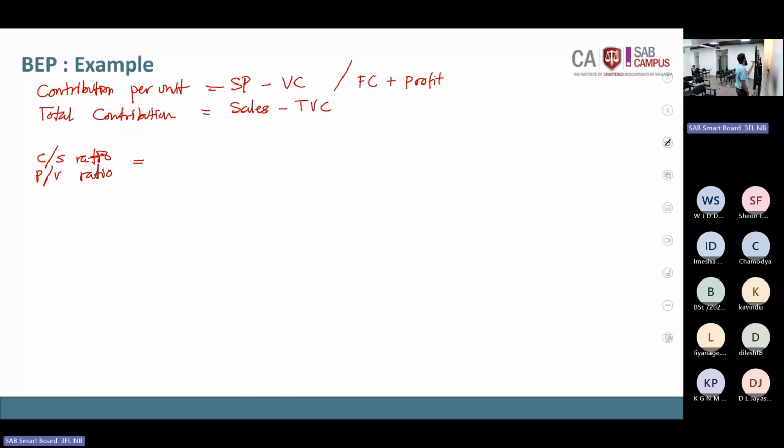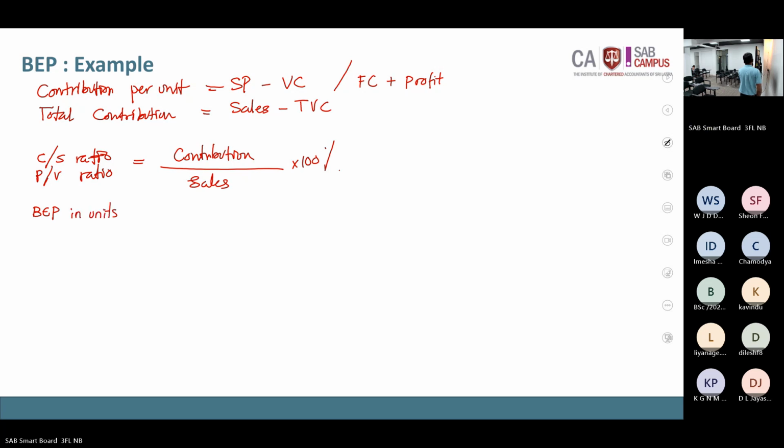So this is contribution divided by sales into 100%. Then we can calculate the break-even point in units. So the break-even point is achieved around the units of sales. Then we can calculate the break-even point in amounts as well.